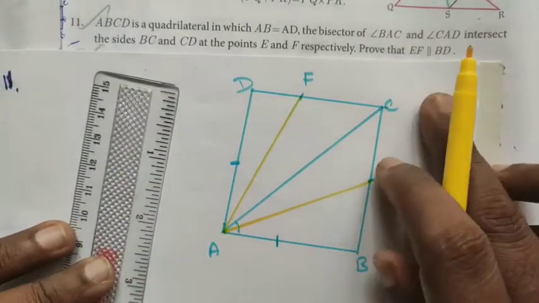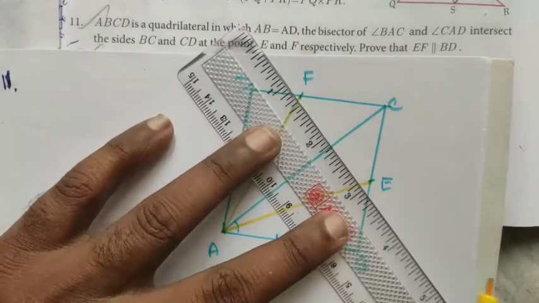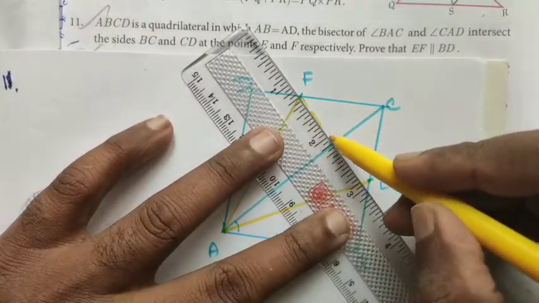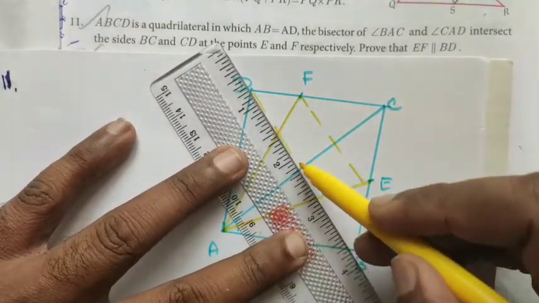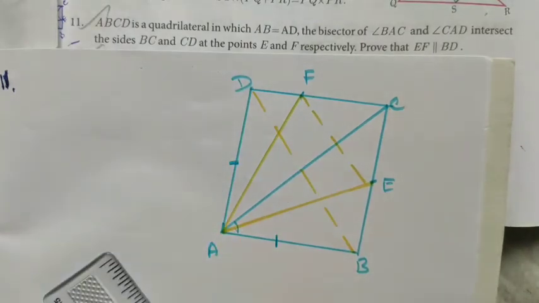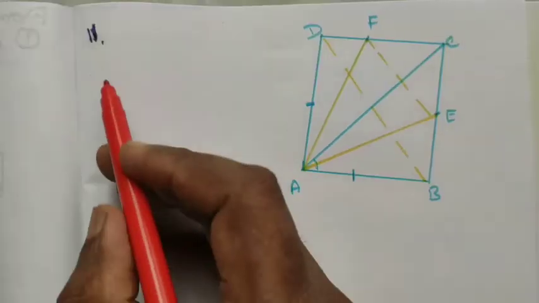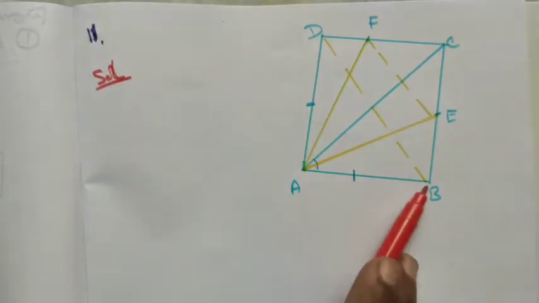We want to prove that EF is parallel to BD. We want to prove that the two lines are parallel, right? That is the question. So, solution: we want to prove that EF is parallel to BD.